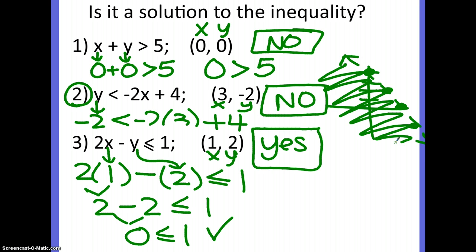Well, a way you could check is you could see if the point 3, negative 2, so you'd go over 3 and down 2, you could see if that point was in the shaded region. And if it is, then that would be a solution. If not, then it wouldn't. So this one, 3 comma negative 2, actually ends up to be right on the dashed line, which means it's not a solution. And that's all for graphing inequalities.